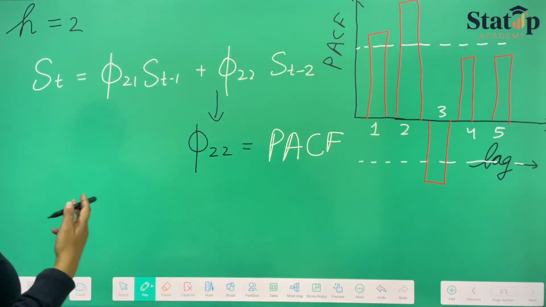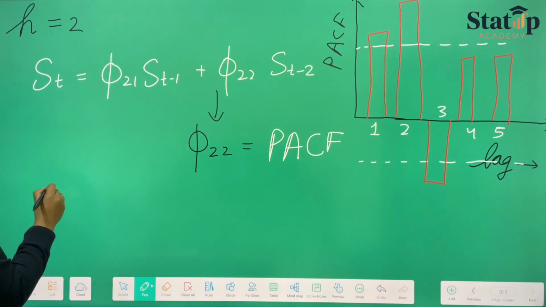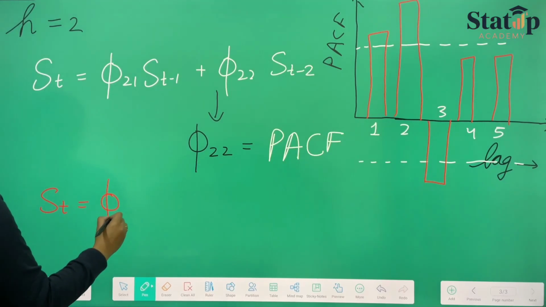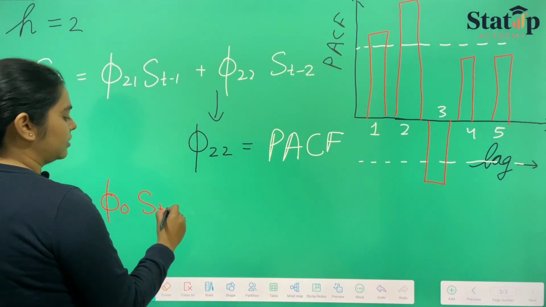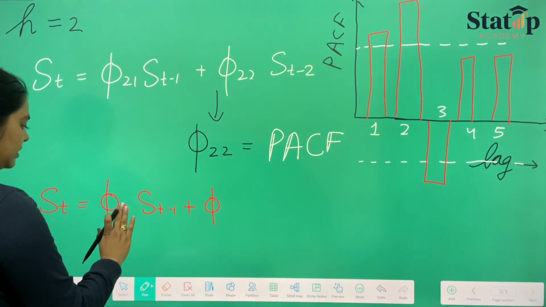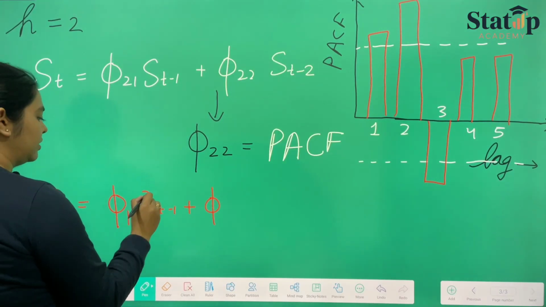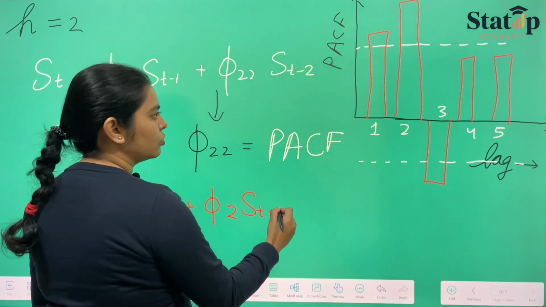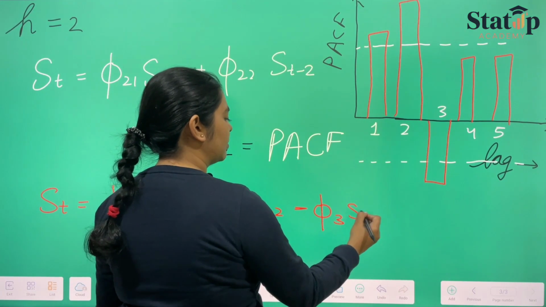So for such a graph, our function would be st is equal to phi naught st minus 1 plus phi 1 st minus 1, phi 2 st minus 2, minus phi 3 st minus 3.